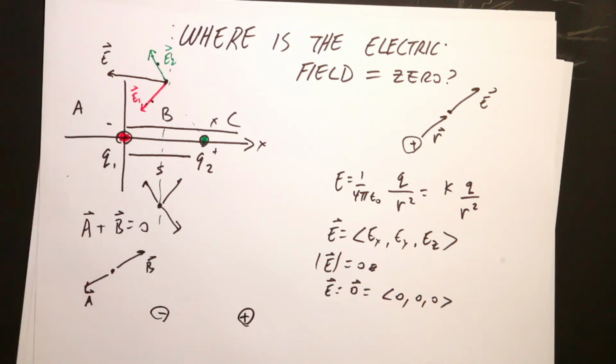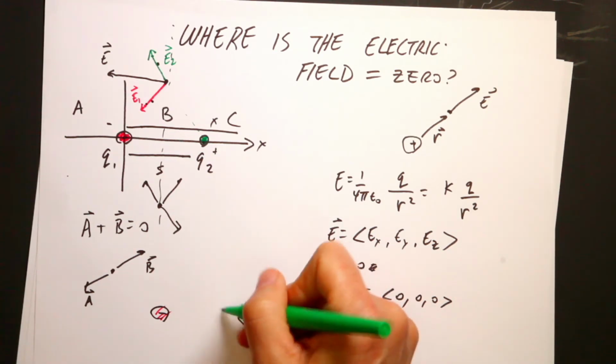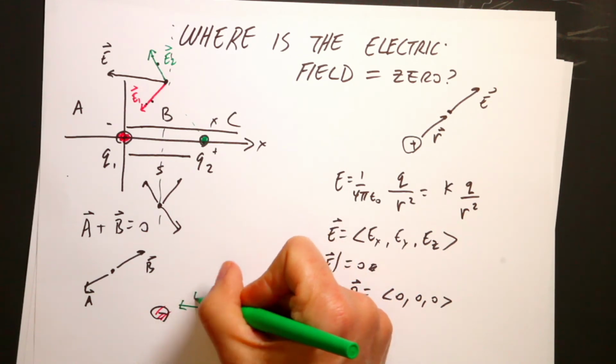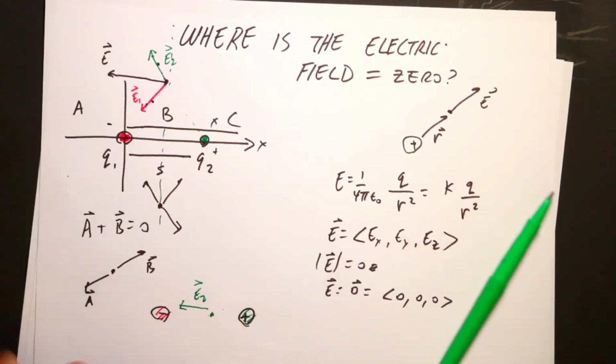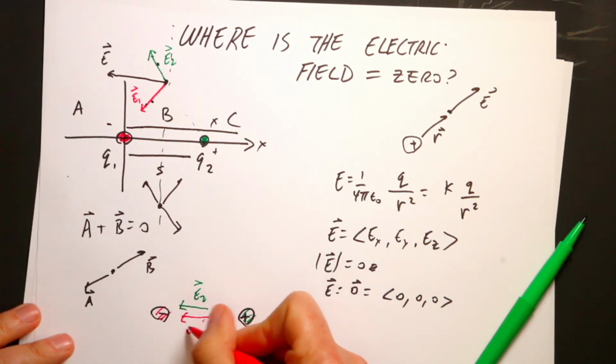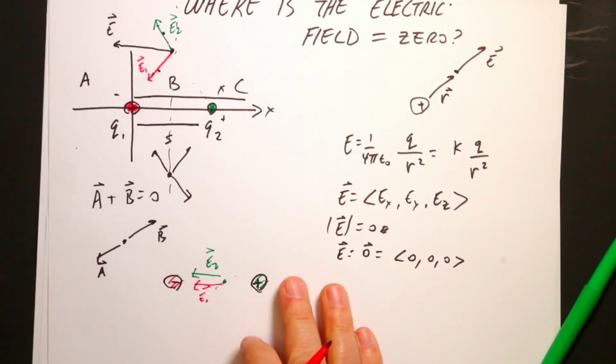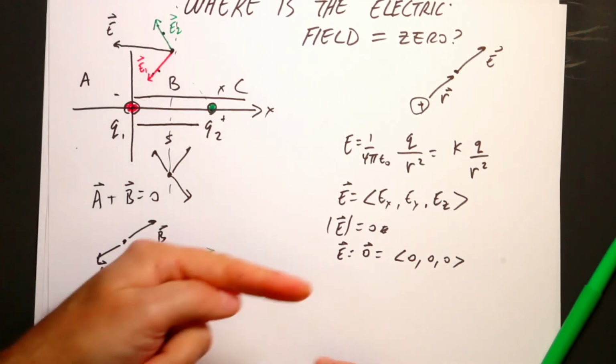So if I have, this is red, and the other one is green, then here is, and I picked some location inside of here, this would be E2, and this would be E1. They're in the same direction. There's no way they're going to cancel, okay? And the same is true if I flip these, and they'd both be pointing that way.